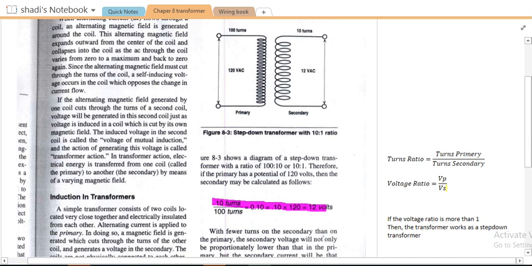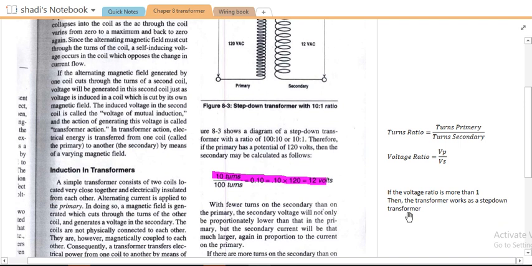Now, my concern here is to understand the differences between a step up and a step down transformer. In this case, this is a step down transformer because the number of turns at the secondary is less. We already took a rule in machines 1 and machines 2 that if the voltage ratio is more than 1, then the transformer works as a step down transformer, and this makes sense, because V secondary is equal to V primary over the voltage ratio.